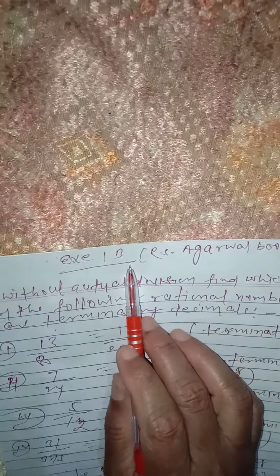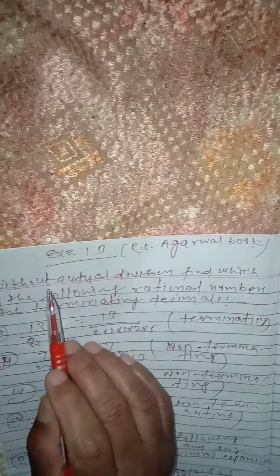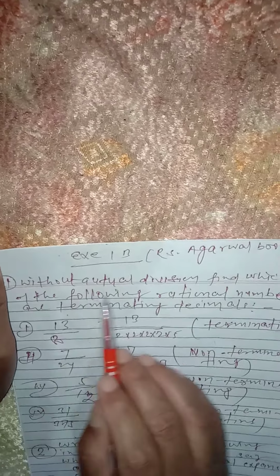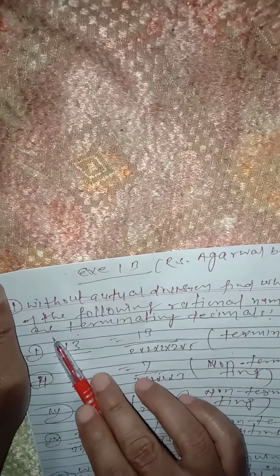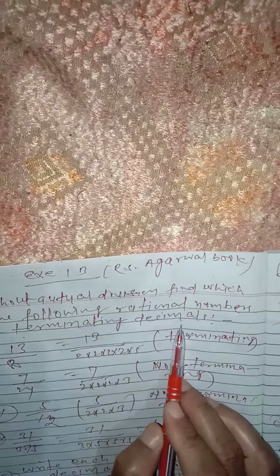Exercise 1B from the RS Aggarwal book. Without actual division, find which of the following rational numbers are terminating decimals.